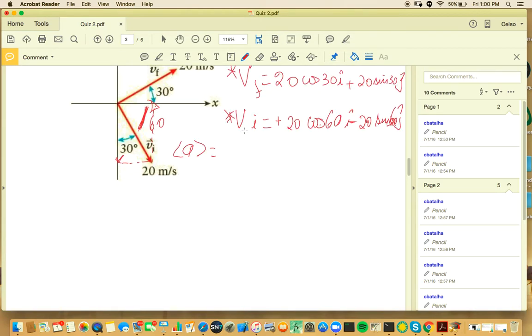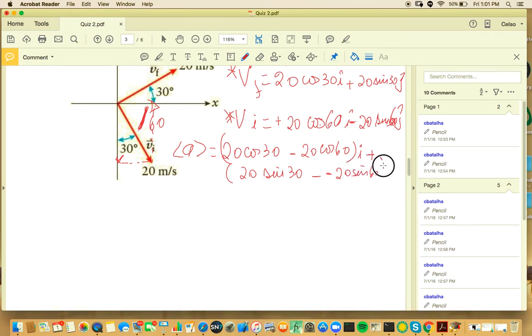So the acceleration is going to be 20 cosine of 30 minus 20 cosine of 60 I hat minus, better saying plus 20 sine of 30 minus, become positive, sine of 60 j hat direction.